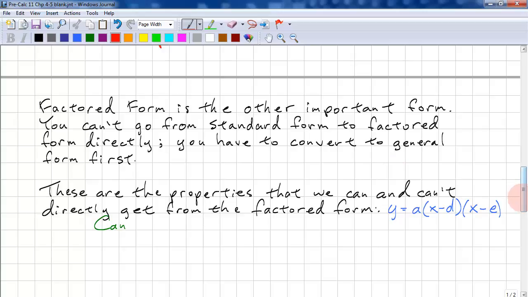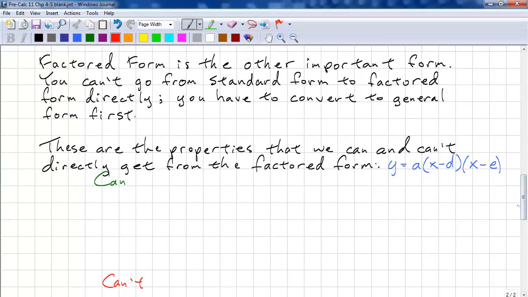And let's go over the properties we can and can't get directly from the factored form. So we can find the x-intercepts. We can also find the y-intercept. We can find the concavity. The sign of the discriminant.